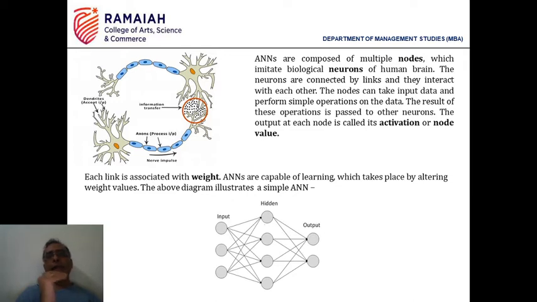The output at each node is called its activation or node value. Each link is associated with a weight. Artificial neural networks are capable of learning, which takes place by altering weight values. The diagram illustrates a simple ANN which consists of an input, hidden and output layer.